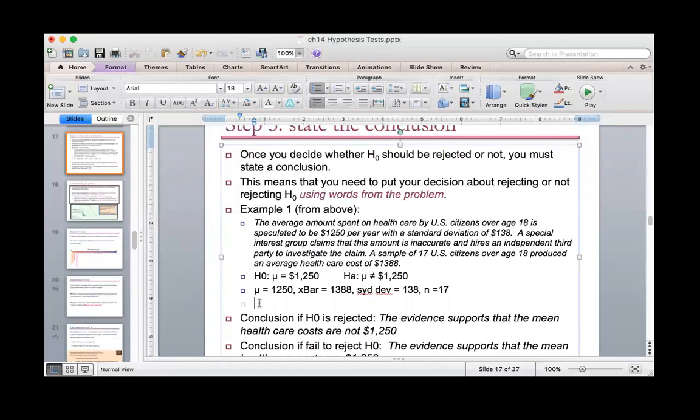Okay. So my z-score is going to be equal to 1388 minus 1250, divided by the standard deviation 138 divided by the square root of 17.